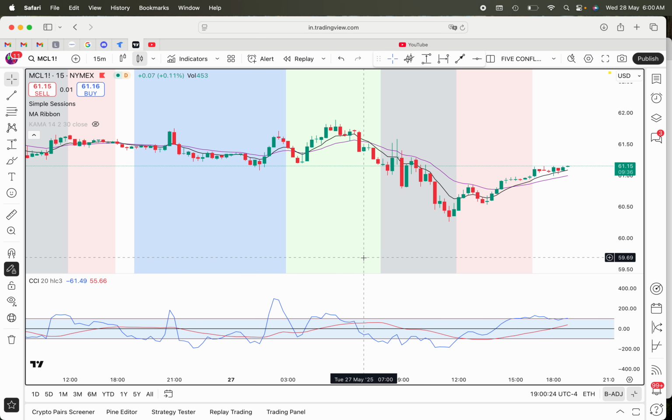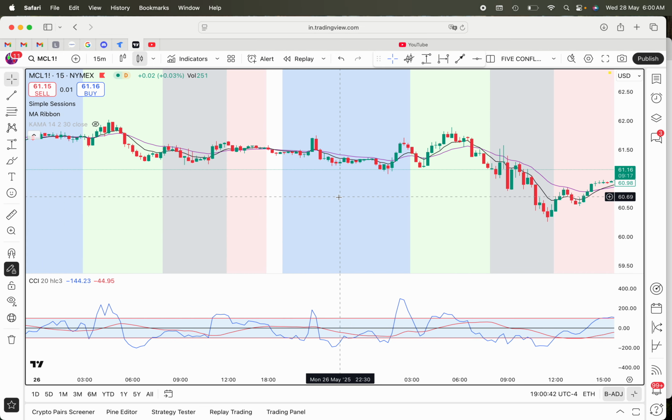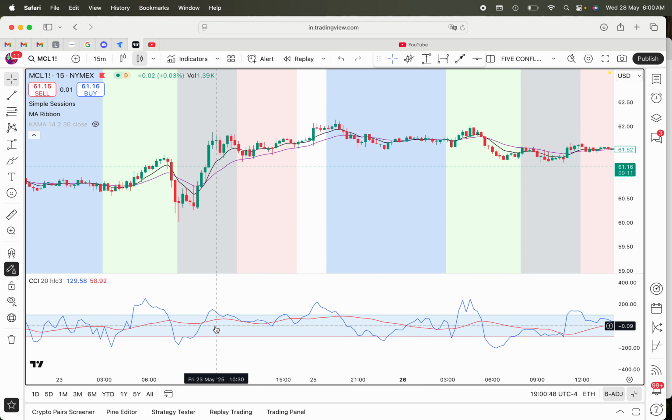It doesn't always work, so please don't think, oh great, this is the holy grail. You also need to be looking at price, the asset that you're trading, crude oil for me, the time of the session and what is happening. But over a period of time, I'm getting so much better at analysing just this one indicator.